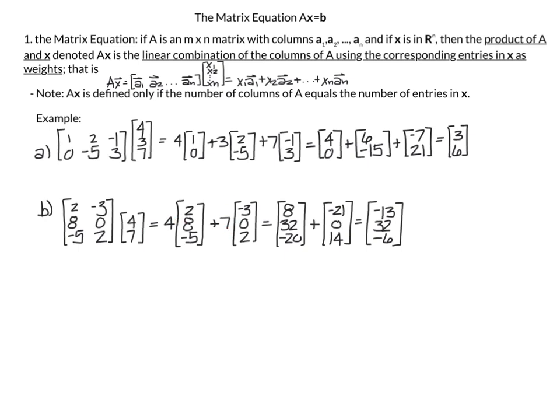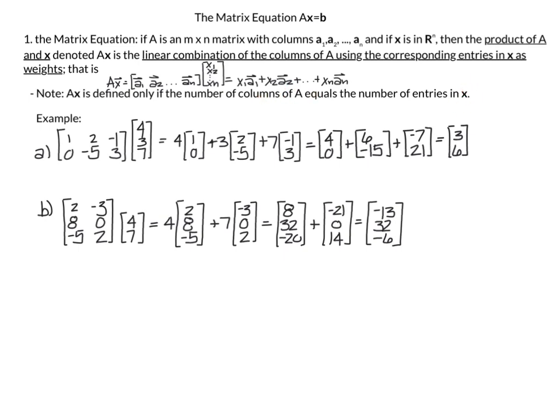Doing our vector scalar multiplication, 4 times 2 is 8, 4 times 8 is 32, 4 times -5 is -20, 7 times -3 is -21, 7 times 0 is 0, 7 times 2 is 14. Then we do our vector addition: 8 plus -21 is -13, 32 plus 0 is 32, and -20 plus 14 is -6.